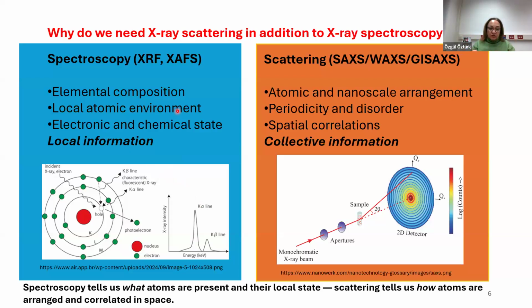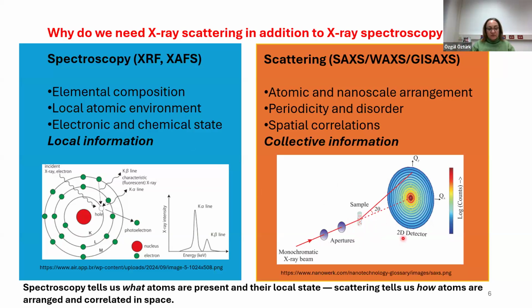Scattering is sensitive to spatial correlations, and the spectroscopy techniques like XRF, XAFS, they don't directly tell us how the atoms are arranged over long distances or how the arrangement evolves collectively. This is where the scattering comes in.